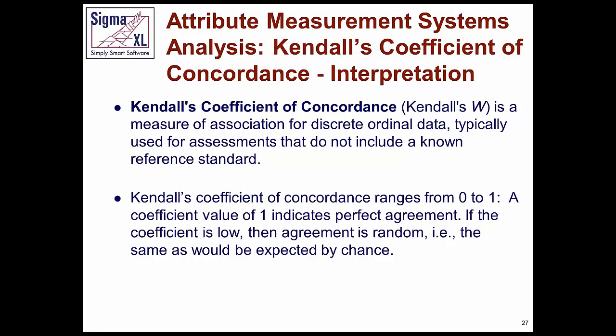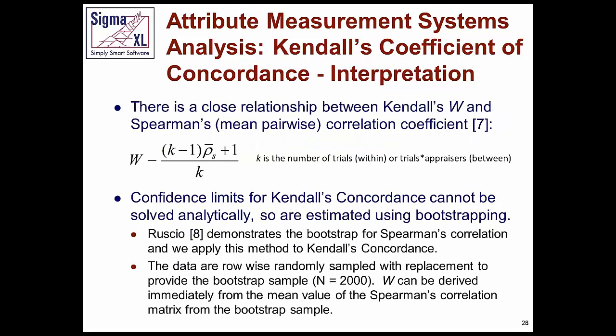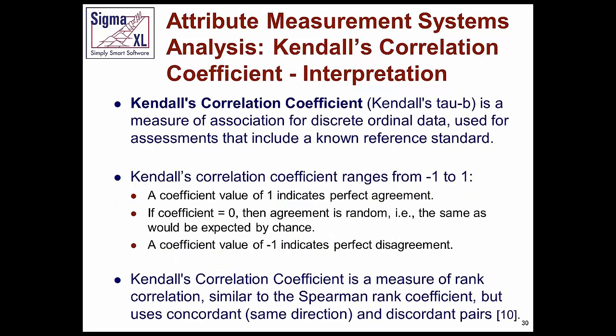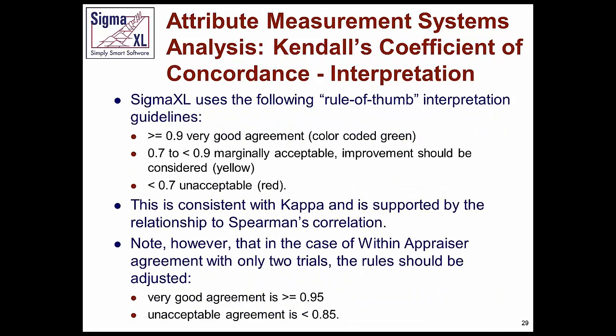There's what's called Kendall's concordance, and Kendall's concordance is used when you have an unknown, or there is no reference standard. For example, comparing two appraisers, and Kendall's correlation is used when you're comparing against a known standard or a known reference.